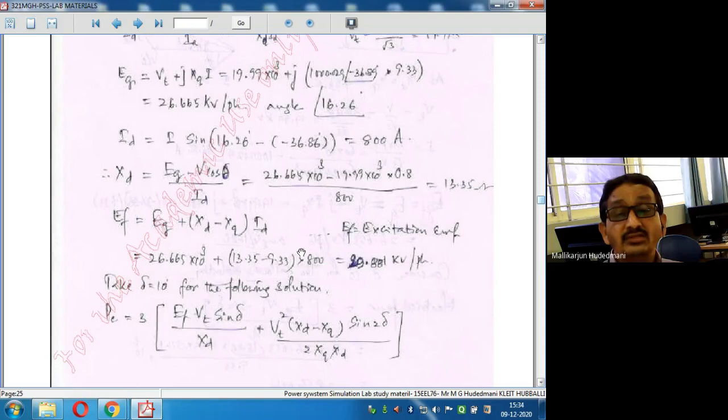The first is active power, which flows from bus 1 to bus 2. The other is reciprocatory reluctance power, which flows forward and reverse at twice the rate of fundamental frequency. So that is visualized when we consider power angle study with respect to a salient pole machine.